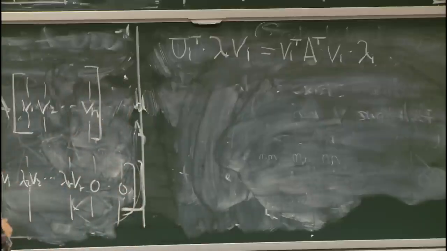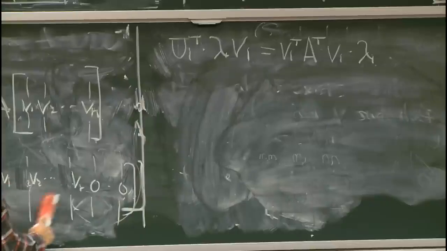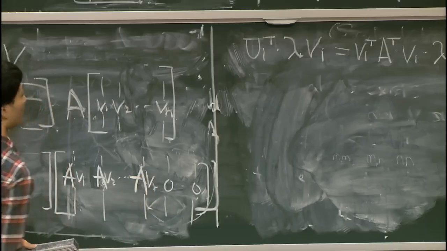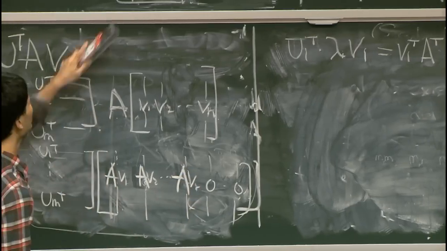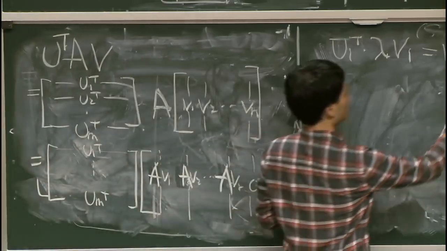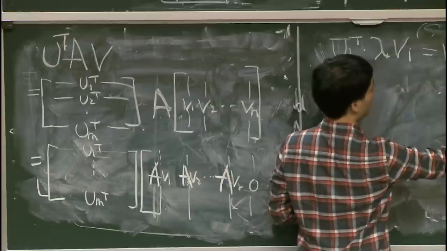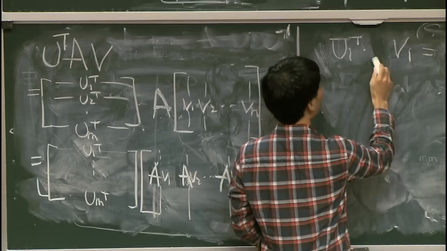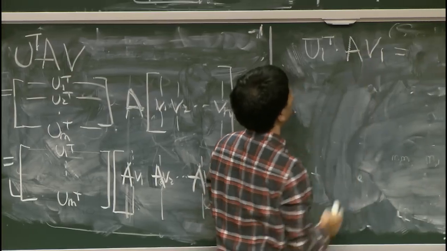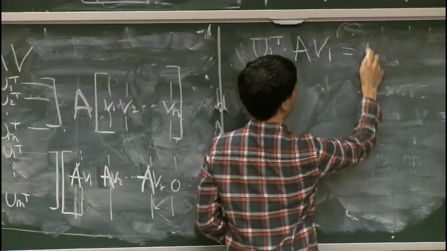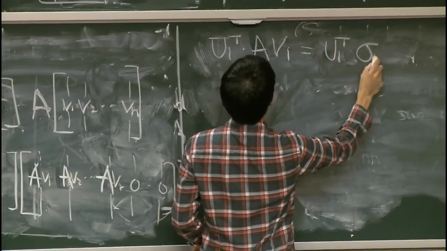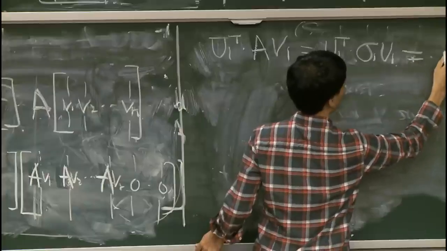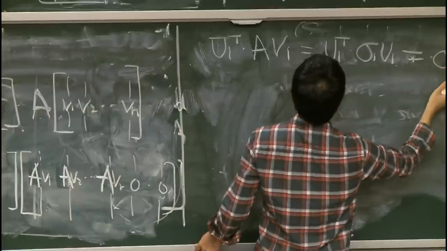Sorry about that, this is not right. Trying to find the eigenvalues and eigenvectors of A transpose A. Okay, then that's U1 transpose times sigma 1 times U1. So that will be sigma 1.